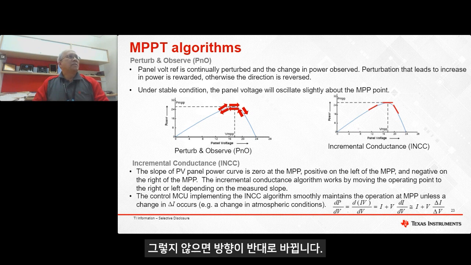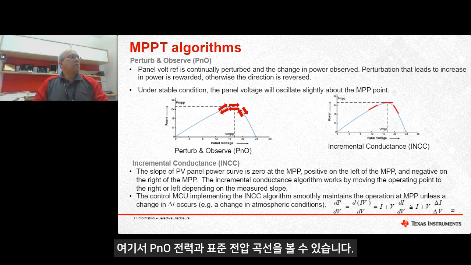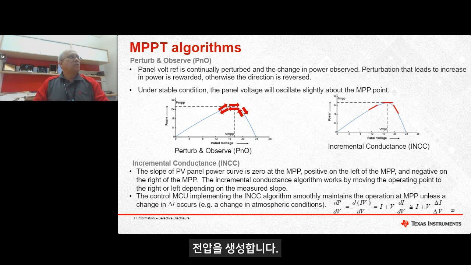Otherwise, the direction is reversed. So you can see the PNO power versus panel voltage curve. It finds the maximum power point voltage where the power is maximum.